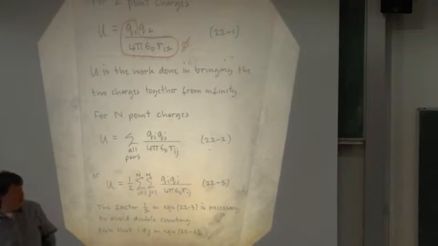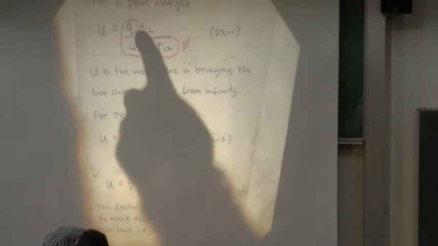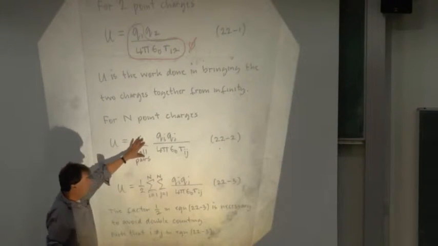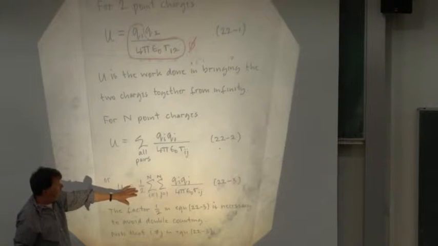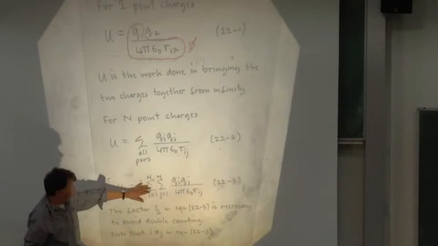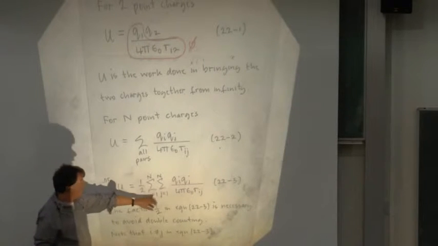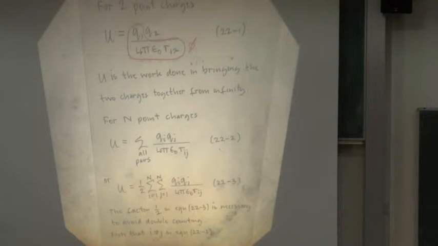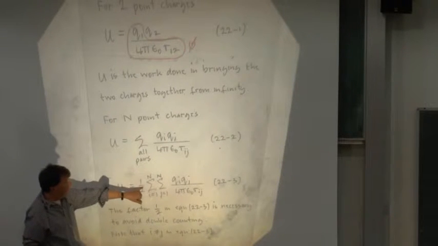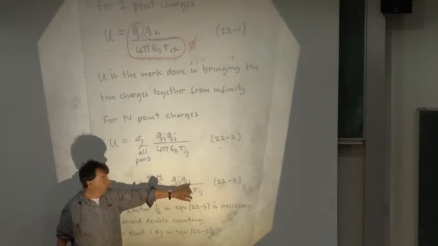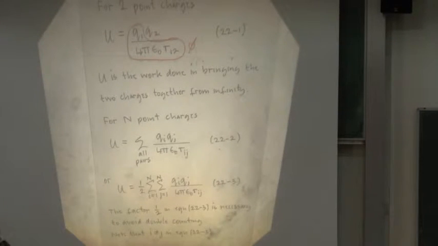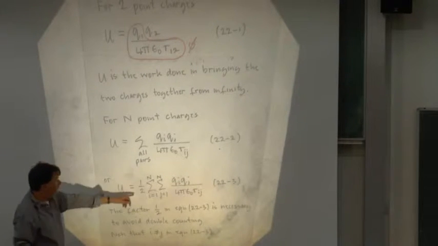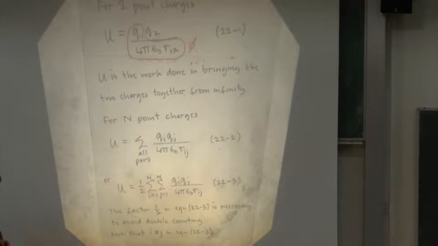The interaction energy is just the sum over all of the pairs of charges. If you want to do that in a neater way, it's easier to just run the index from i is 1 to j is 1, but then you've got to remember to add this factor of a half. You don't want to count charge Q2 interacting with charge Q3 as an extra interaction to charge Q3 interacting with Q2. So to avoid the double counting, you have this factor of a half.